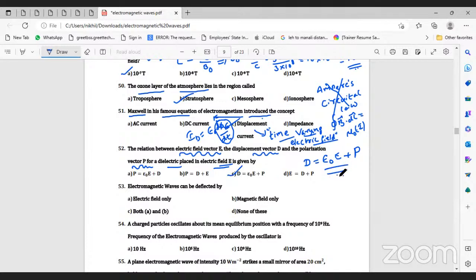Please remember this concept: D is equal to epsilon naught E plus P.